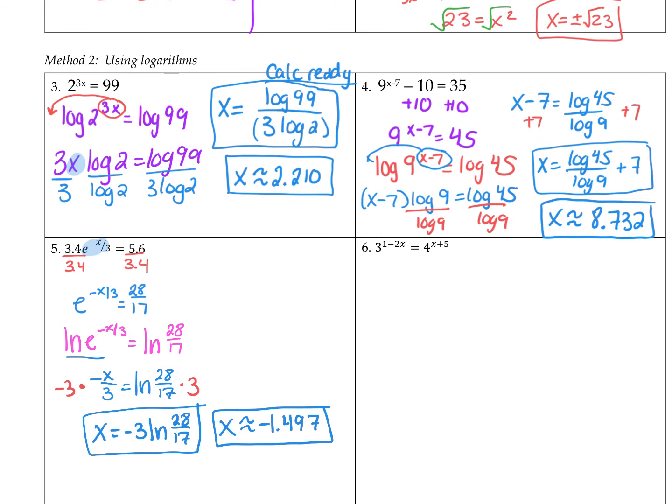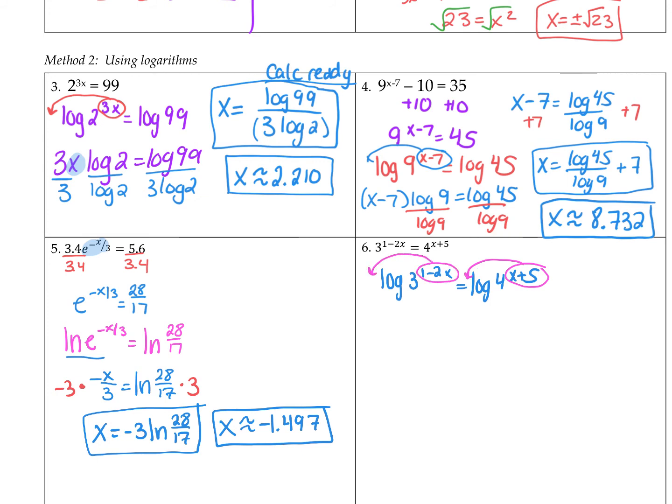All right, in 6 I have different bases, so there's no way I can get the same base. So again, I'm just going to take the log of both sides. And so in both these cases, my exponents are going to come down in front.